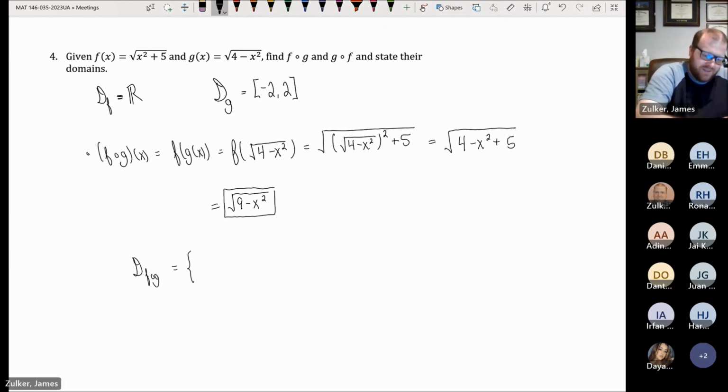Domain would be all x in the closed interval -2 to 2, such that the square root of 4 minus x squared is a real number.